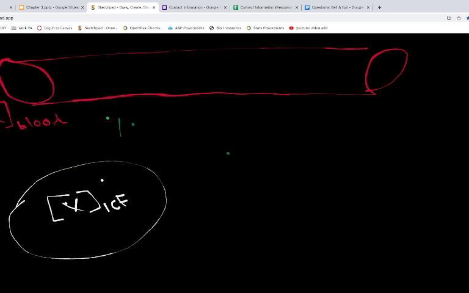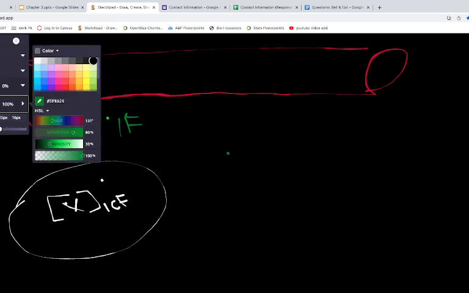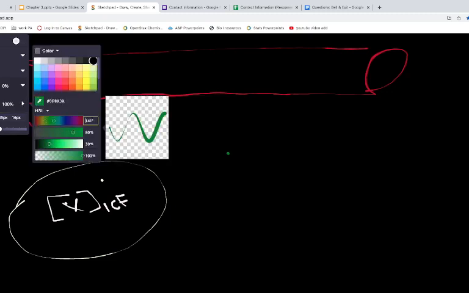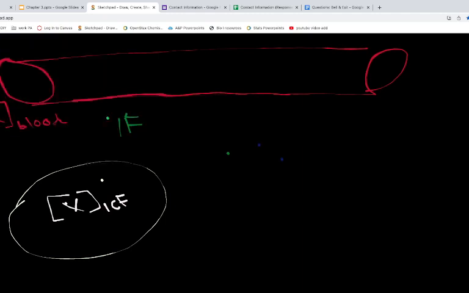Here's our interstitial fluid. And then we have our extracellular fluid, which hopefully you guys got in the last video. Our extracellular fluid, which I will put here in blue, is equal to both our interstitial fluid and our blood plasma.